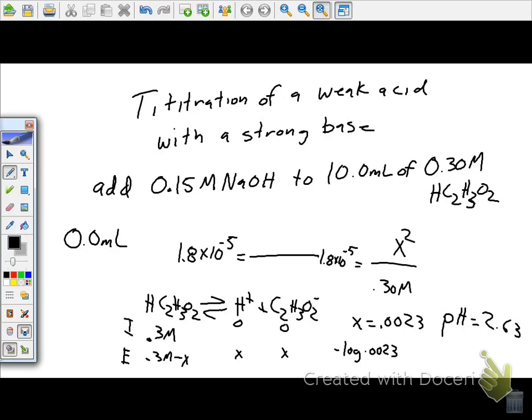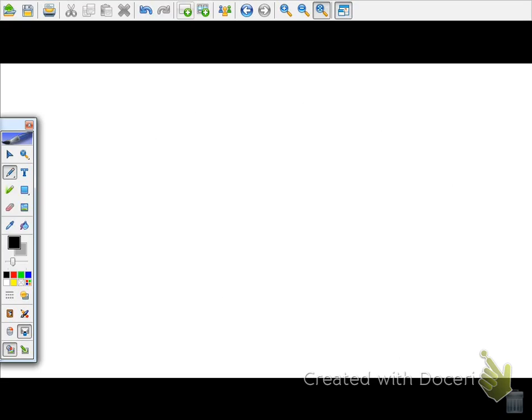Okay. So 0 milliliters, the pH is 2.63. Any questions with that? So we put the probe in, boom, 2.63.